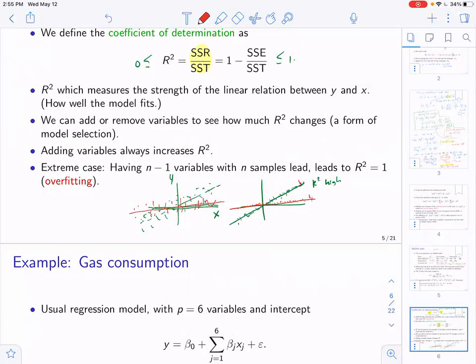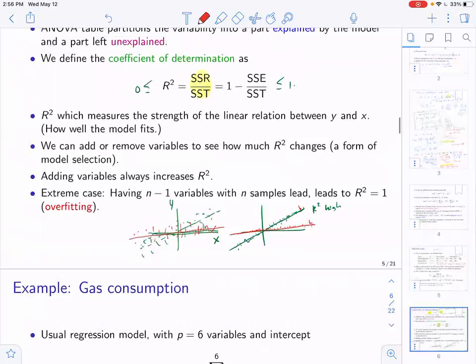Whereas in one case, the correlation is higher, and in the other case, the correlation is lower. So it's just the noise relative to the linear relation. If the noise relative to the linear relation is small, the R squared would be high. If the noise is too high relative to the linear relation, then R squared is going to be small. So it's a little bit of a subtle point.